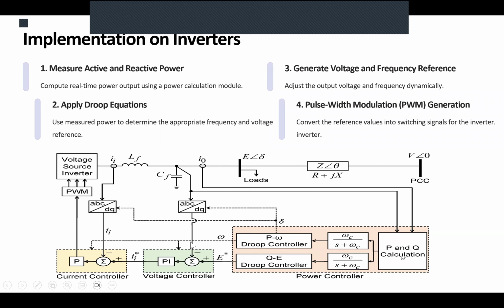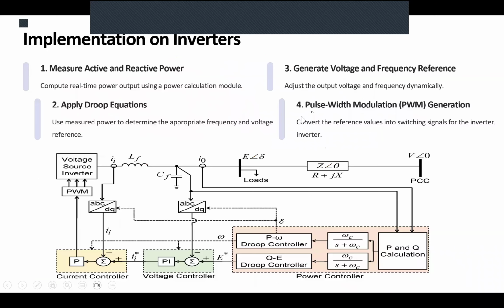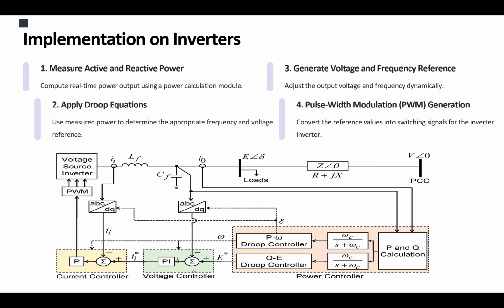And when you have this omega and this E, now you could calculate how much increase or decrease in active power I have to do in my inverter, or how much increase or decrease in reactive power I have to do in my inverters to meet that change. Is that clear?